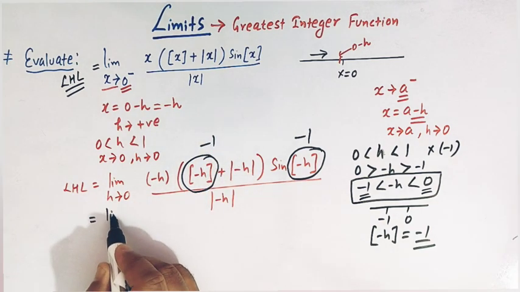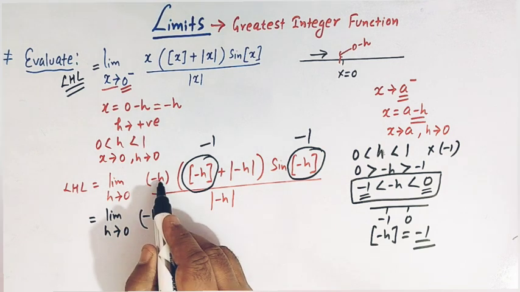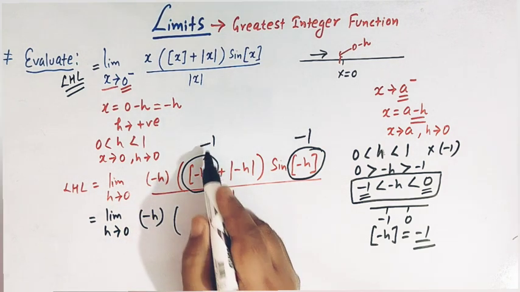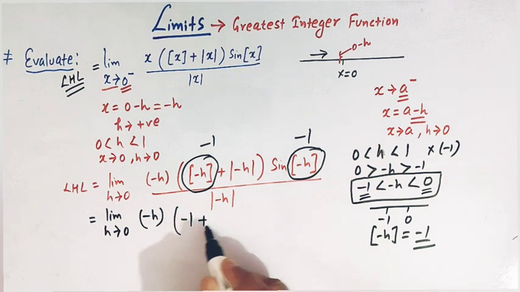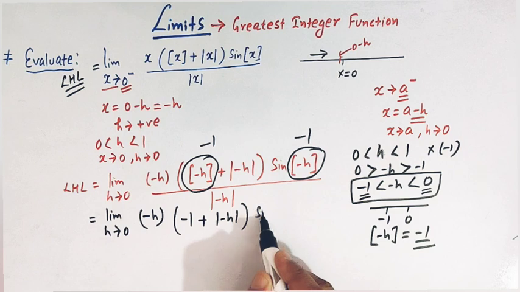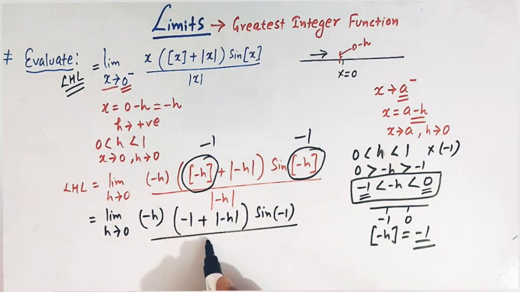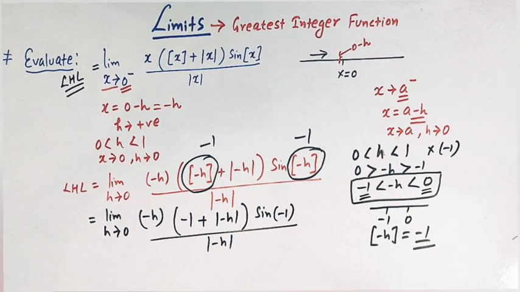So now we can write limit h tends to 0. Here we have simply minus h, and then here we have minus 1, and here we have mod of minus h, and here we have sine of minus 1, right? And divided by mod of minus h, right?